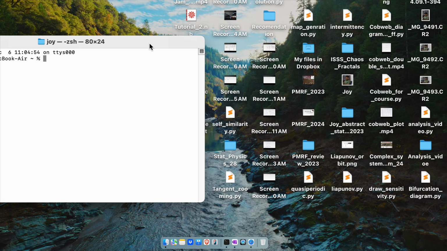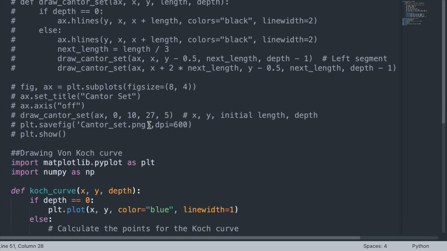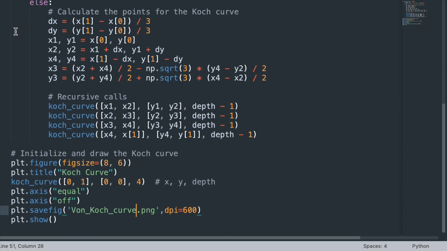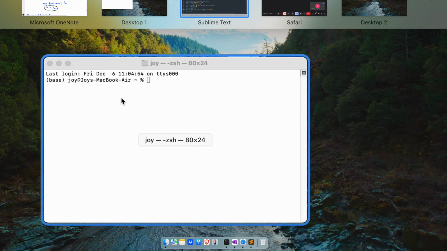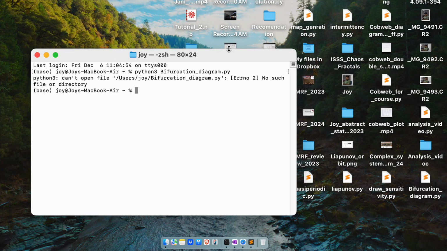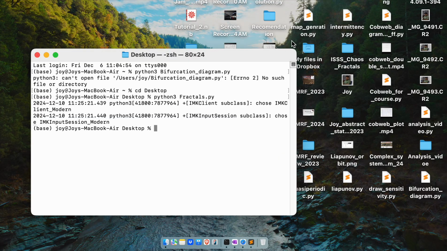Maybe I have some computer graphics. Okay, this is maybe... You see, this is the von Koch curve. So this should be there somewhere.